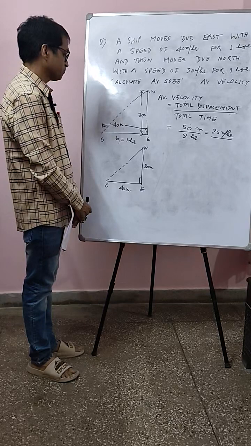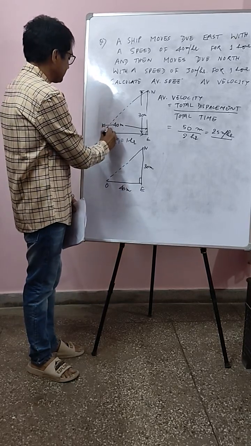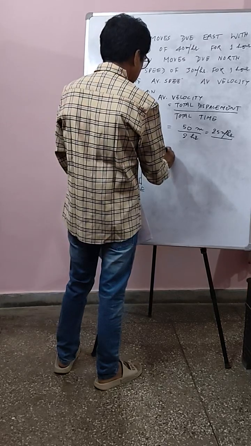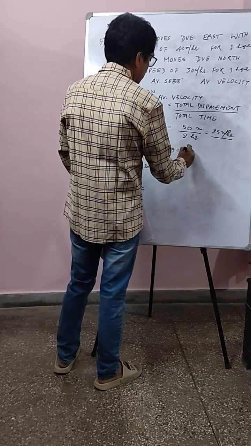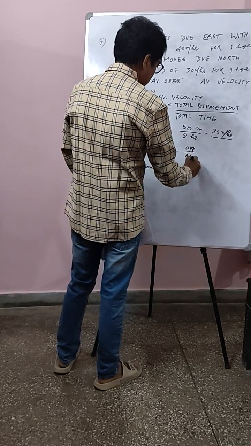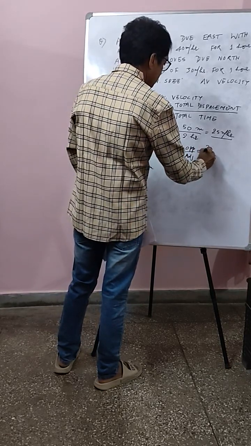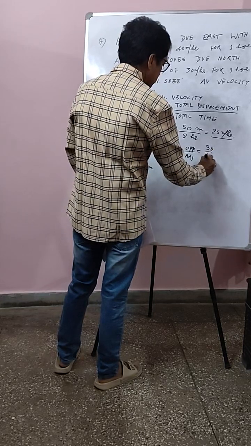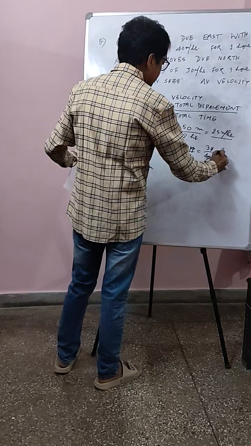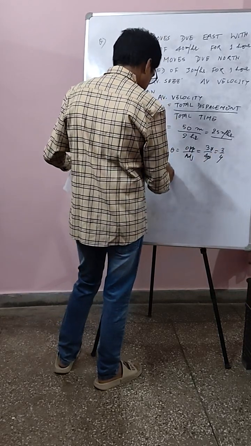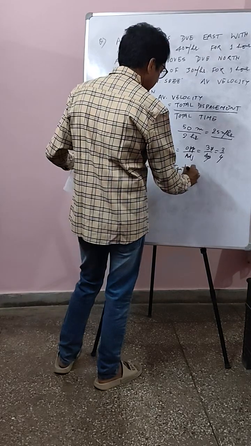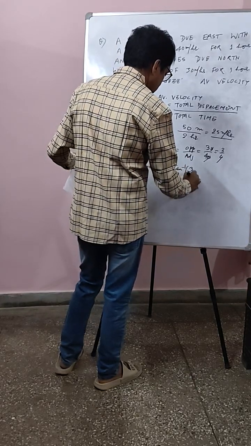Okay. If we say that this angle is theta and you want to find this theta, what is tan theta equal to? Opposite upon adjacent equals 30 upon 40, equals 3 upon 4.